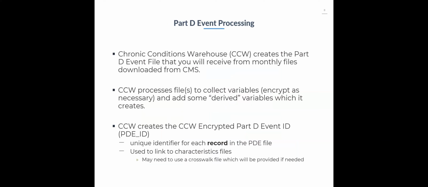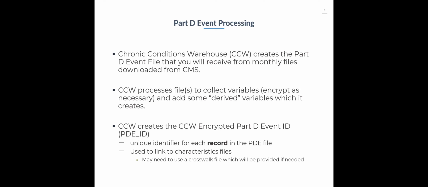So it's the Chronic Conditions Warehouse that creates the research file that we receive from CMS. They collect the variables, they encrypt what needs to be encrypted, and they derive some variables like the benefit phase variable that we talked about. And then they create something called the Part D event ID, the PDE ID. This is a unique identifier for each record in the PDE file.